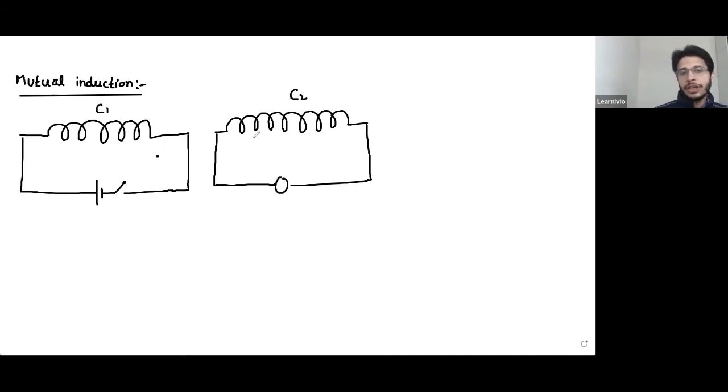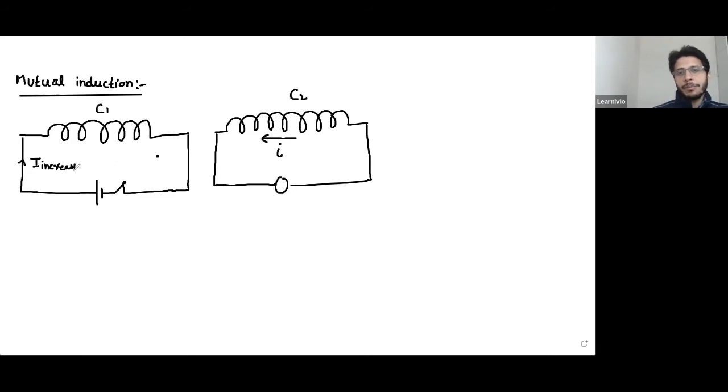So as soon as I close this key, the current in the first coil will increase. So due to increase in current in the first coil, a current will be induced in the second coil. This is known as mutual induction.